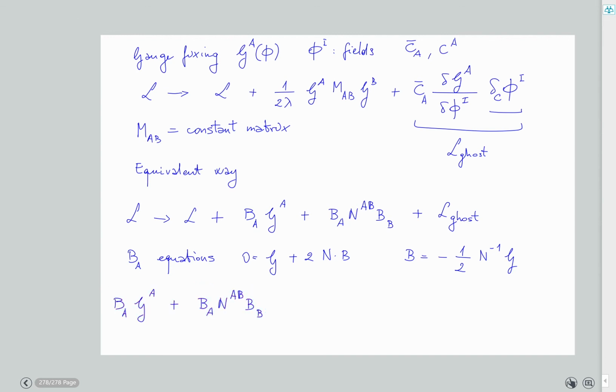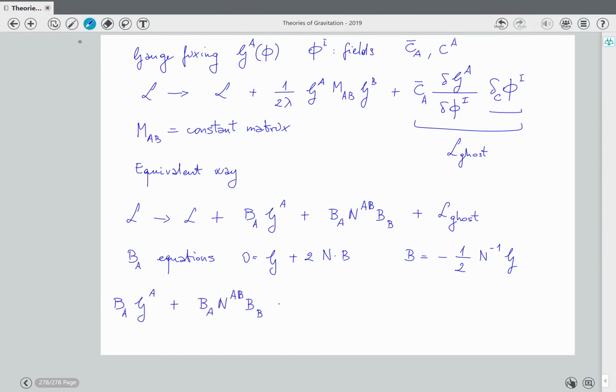When you insert the solutions, you will get BG minus 1/2 G n minus 1 G plus B n B, that is plus 1/4 G n minus 1 G. That's it. That is minus 1/4 G n minus 1 G.